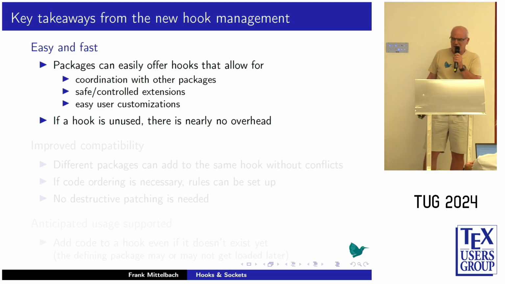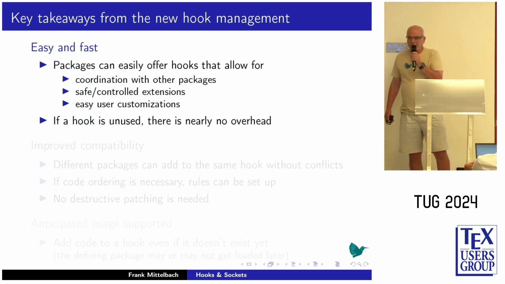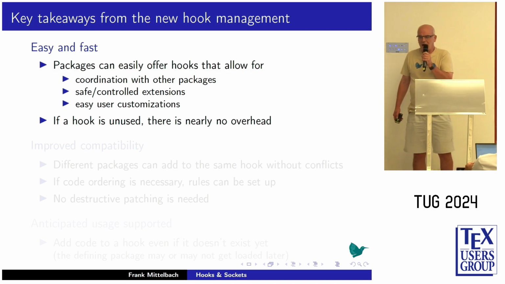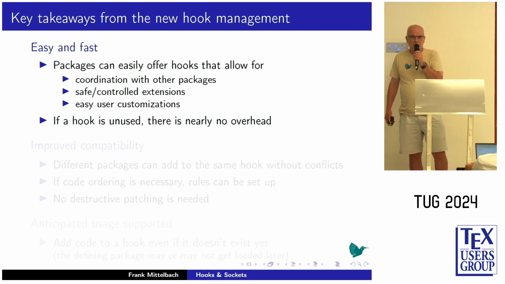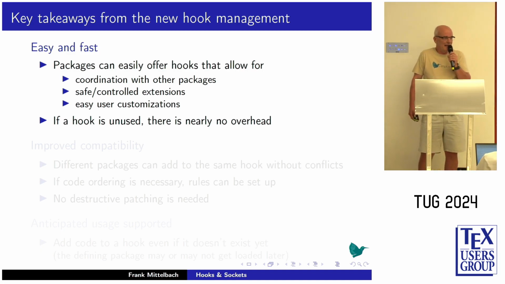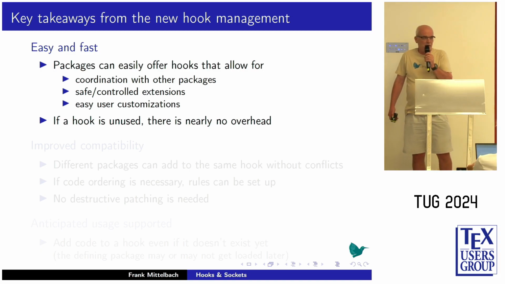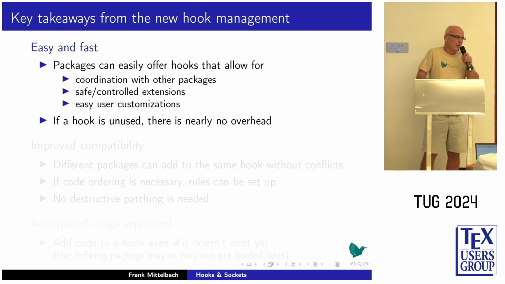What are the important points? Hooks are fast. Packages can add hooks to the code of the environments or whatever they define. It doesn't hurt the processing. If the hook is empty, then there is minimal overhead. It allows for coordination with other packages.